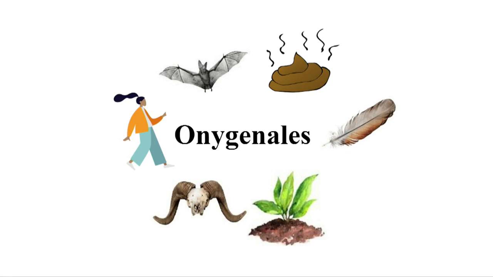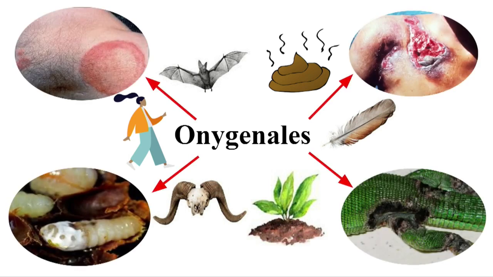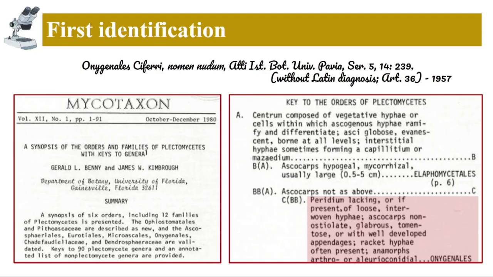As we all know, members of Onygenales can be found on many different kinds of sources, like dung, feather, soil, skin, nail, hair. They can also cause superficial or systemic infections. The first identification of these members of the order was based on morphology of ascomata, ascus, ascospore, pigmentation, presence, and also type of anamorphs.